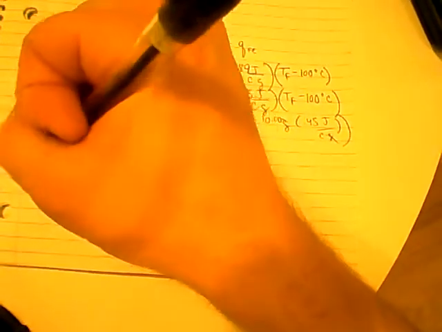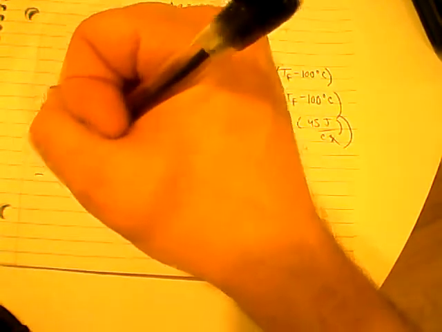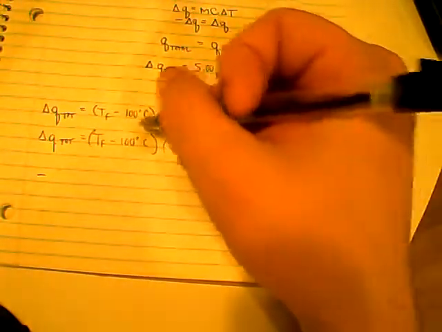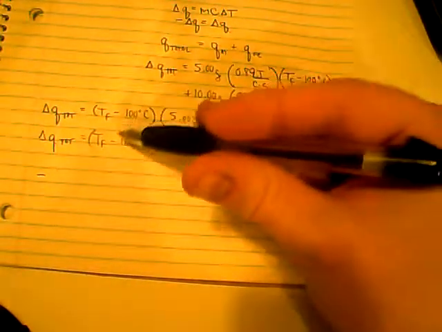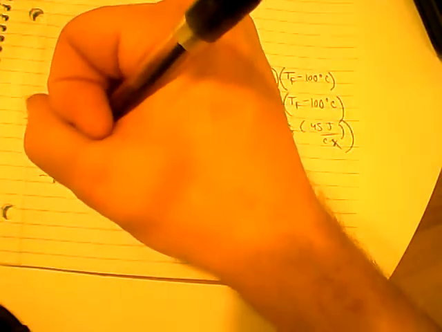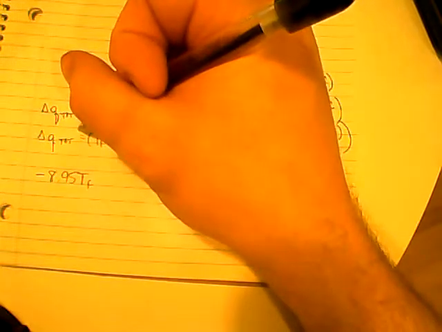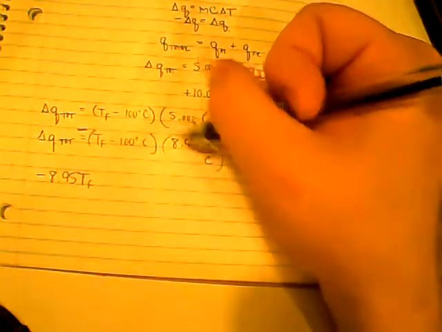So let's rewrite this now. I know that negative TF, and in fact, I'm just going to distribute this right now. So 8.95 times TF, negative 8.95 TF, and I'm saying this whole thing is negative.